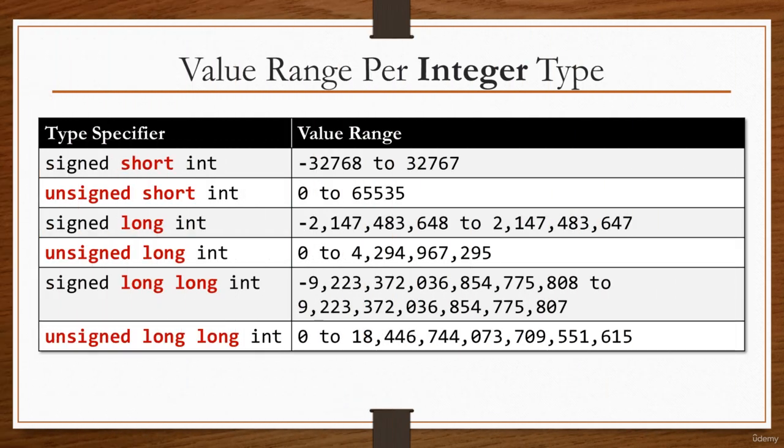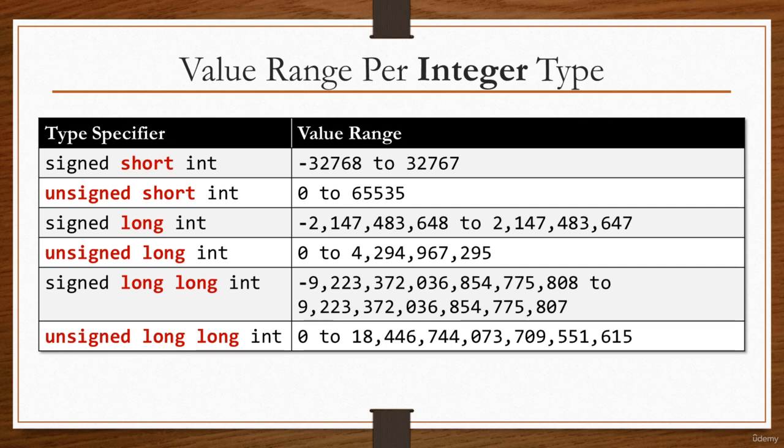Here I wanted to show you some of the value ranges that you get. I partnered these up. So we have signed short int and unsigned short int right at the top, for example. The value range for the signed short int is minus 32,768 to 32,767.